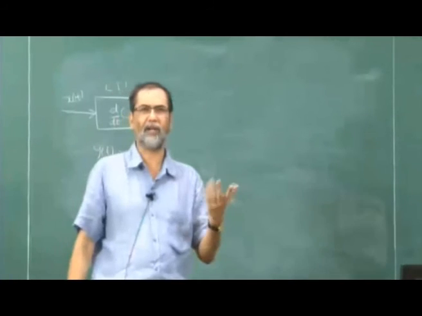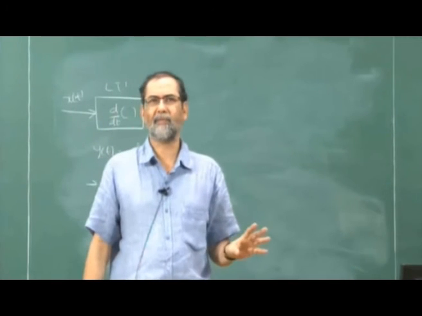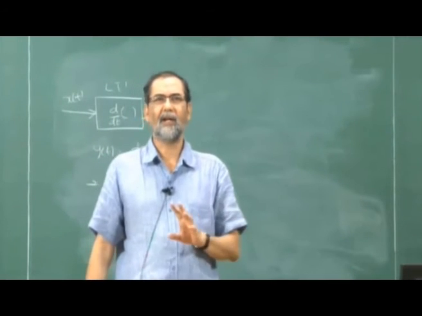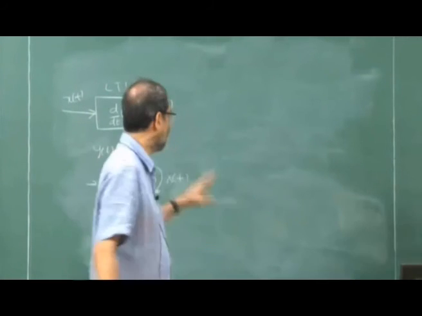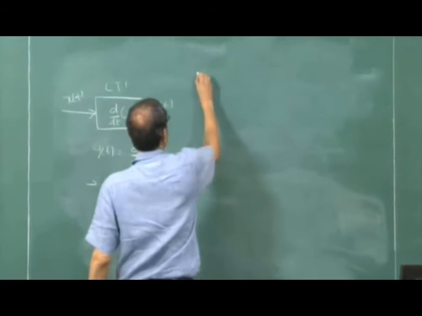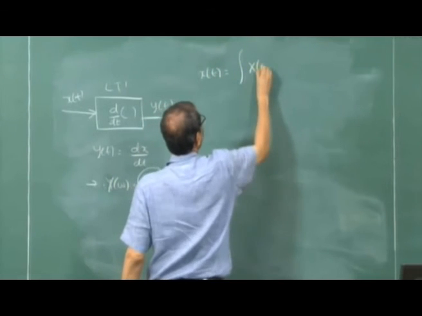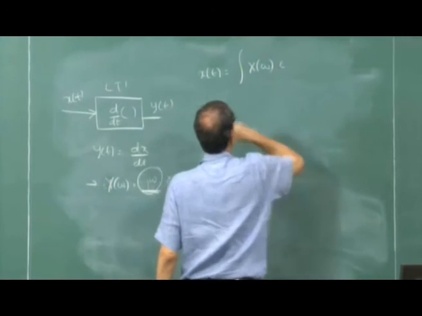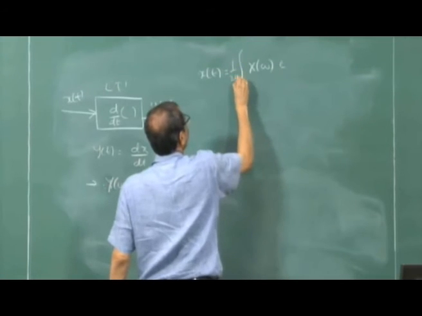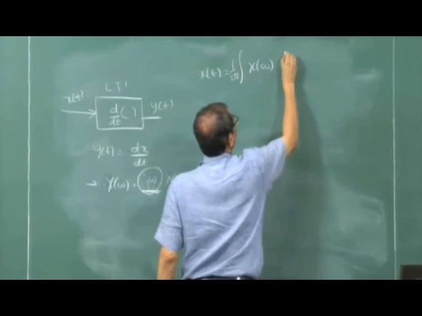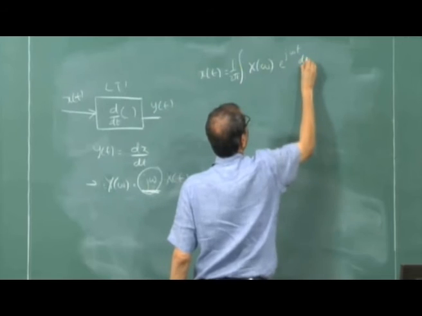I forget what it is, but this can be shown without any problem. The way we show this is we start from first principles. x of t is 1 by 2 pi integral from minus to plus infinity of x of omega e raised to j omega t d omega.